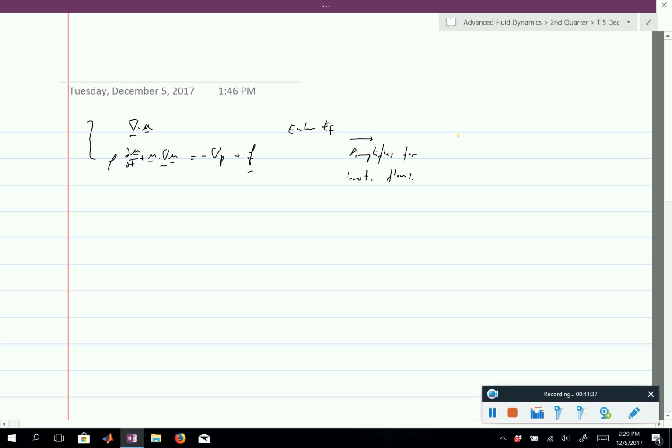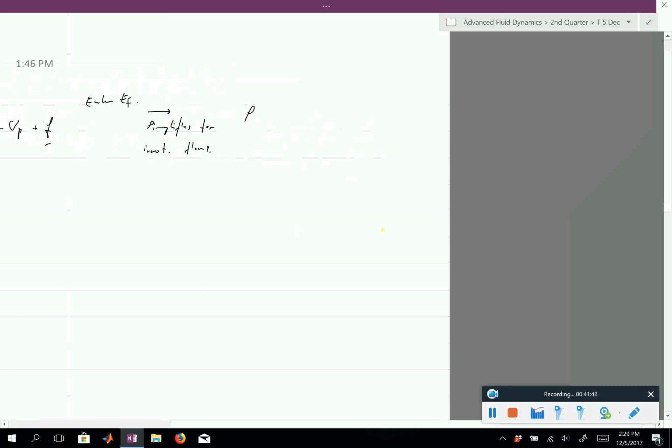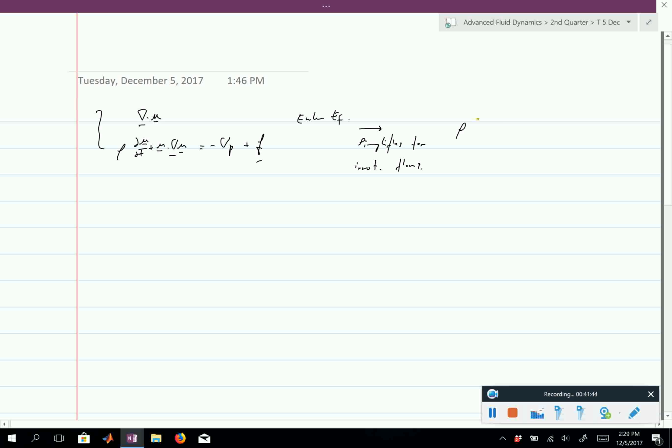to the unsteady Bernoulli equation, which is rho d phi/dt plus p plus 1/2 rho times the magnitude of the flow velocity squared, plus, assuming that the only body force inside the fluid is gravity, rho g z, and that is equal to a constant.